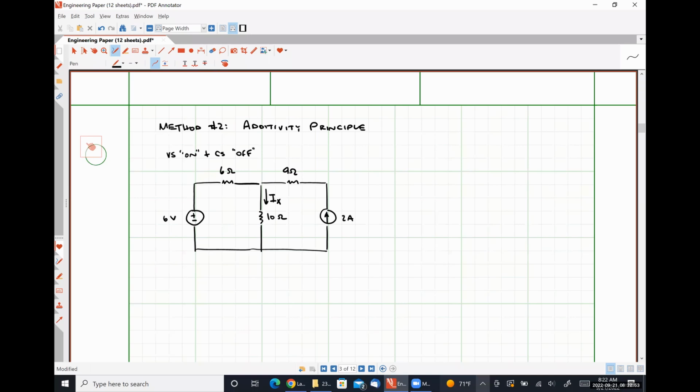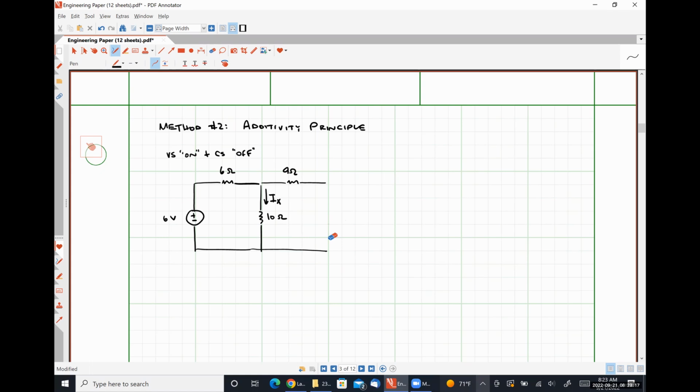So I'm going to replace my current source with an open circuit, because an open circuit guarantees no current is able to flow through that branch. So an open circuit is effectively the same thing as a 0 amp current source. Does that make sense? Okay.